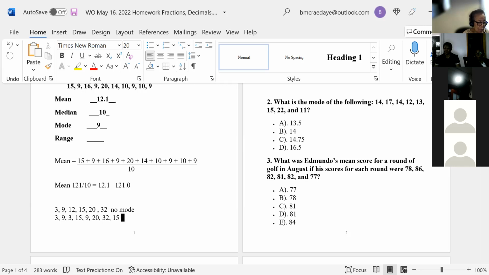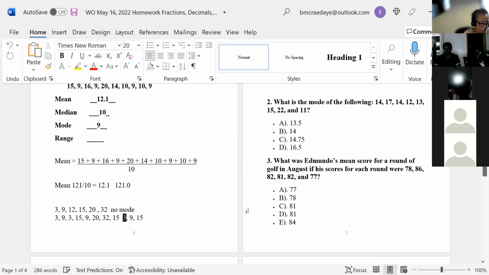What's the mode? 15, 9, and 3. That's right. Very good. So there are three modes: 3, 9, and 15. Those would be the modes.